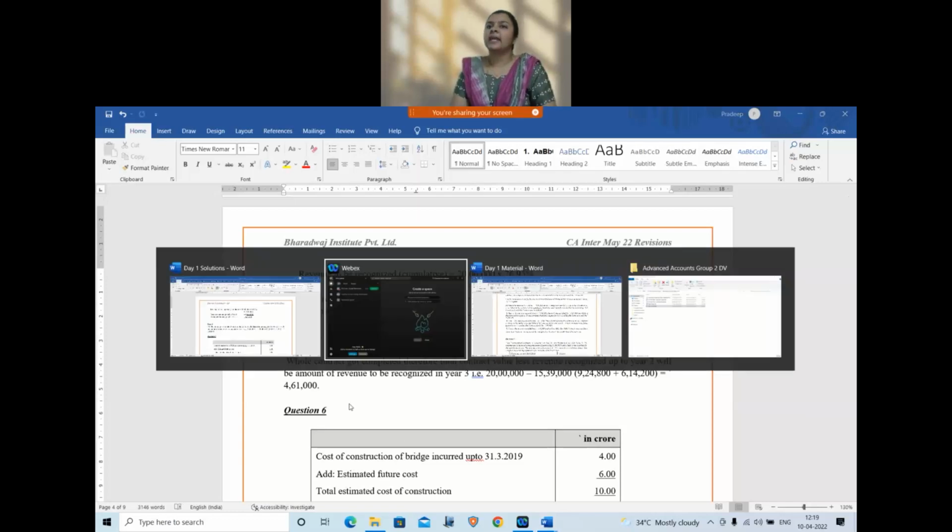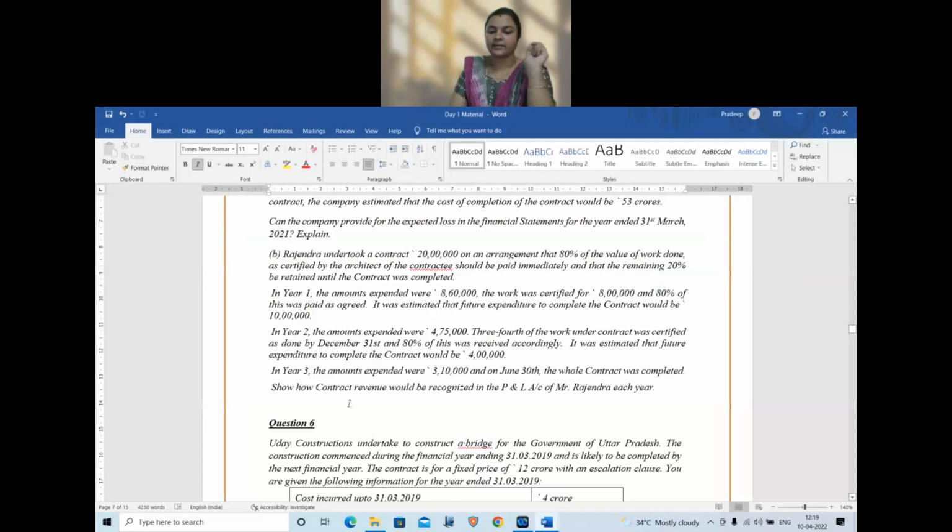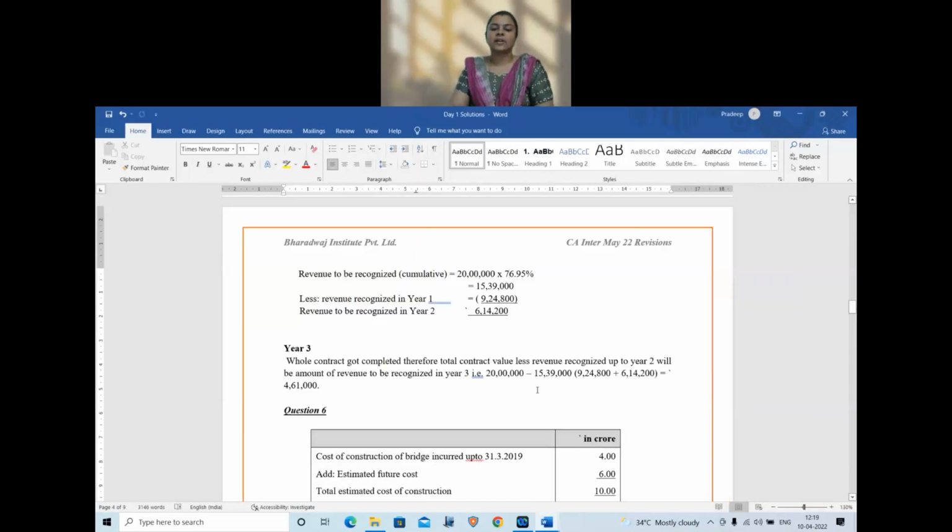Now year 3, let's go ahead and complete year 3. The amount expended was 3,10,000. So first year 8,60,000, second year 4,75,000, third year 3,10,000. Full contract was completed. So there is no question of percentage completion at all. Full contract is over. So let's calculate the actual cost.